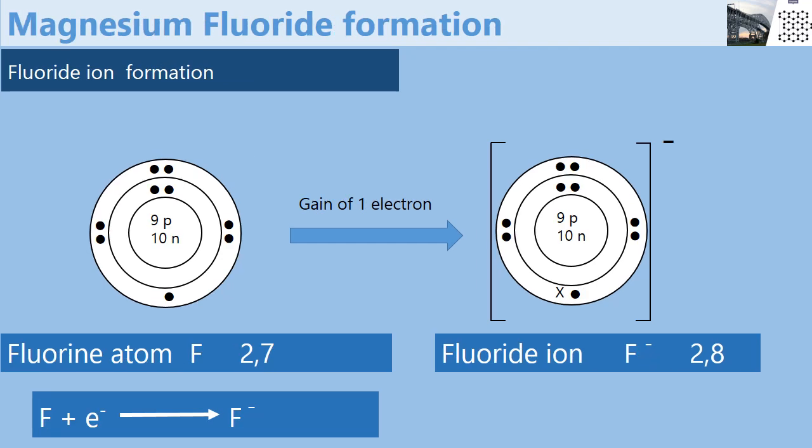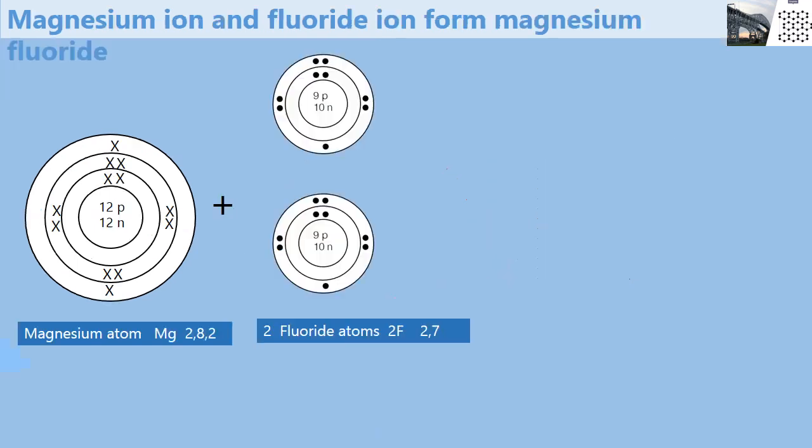Next we have the fluoride ion formation. Fluorine gains 1 electron, and so just like sodium and chlorine, magnesium and fluorine would also have a complete electron transfer.